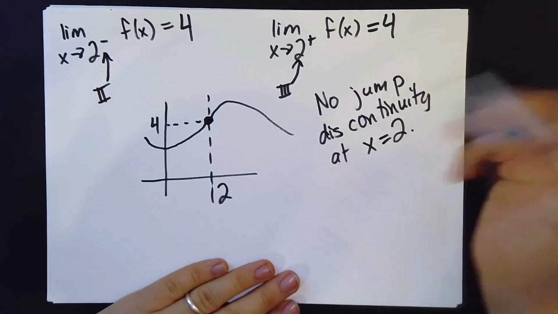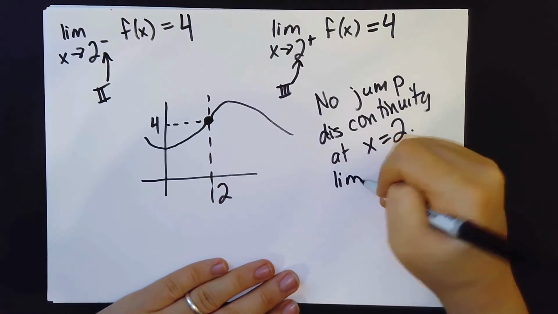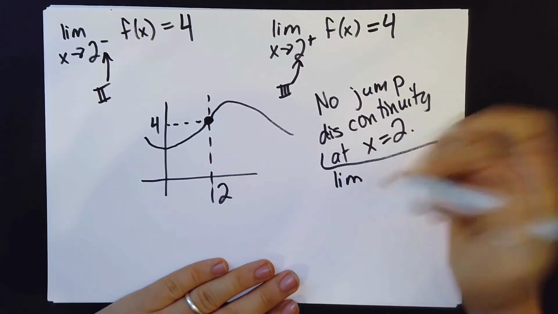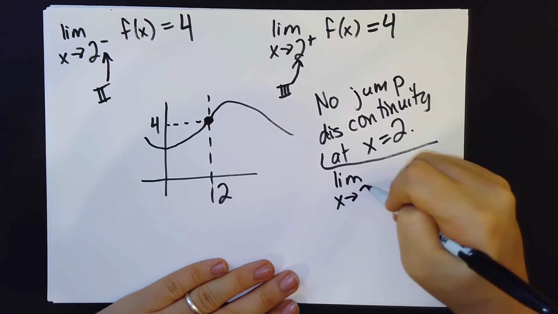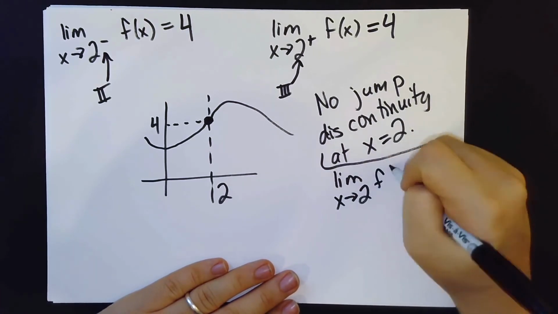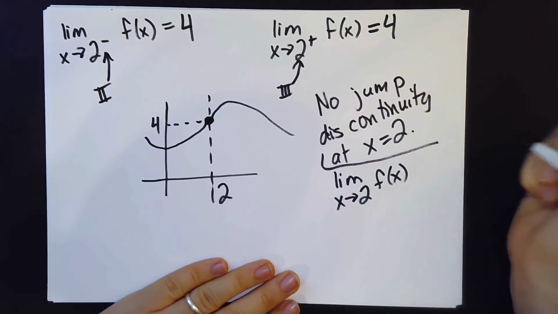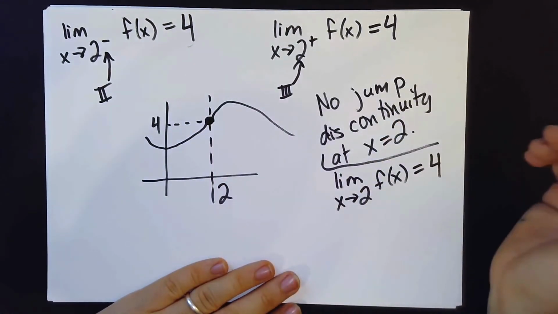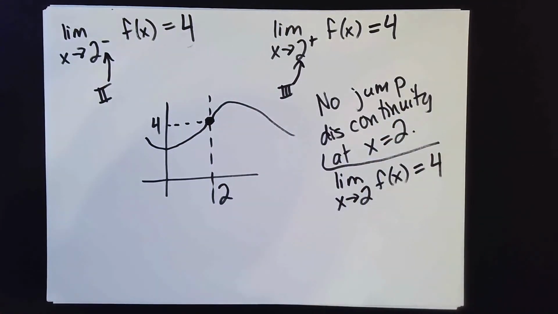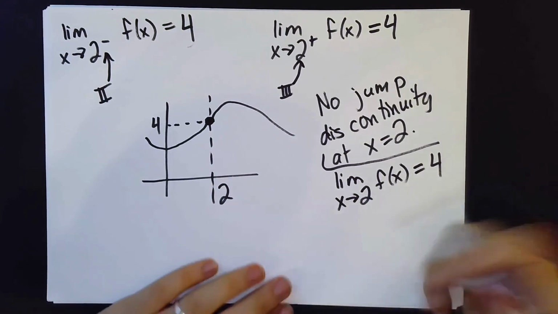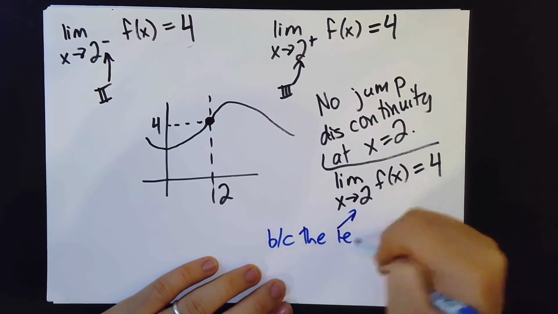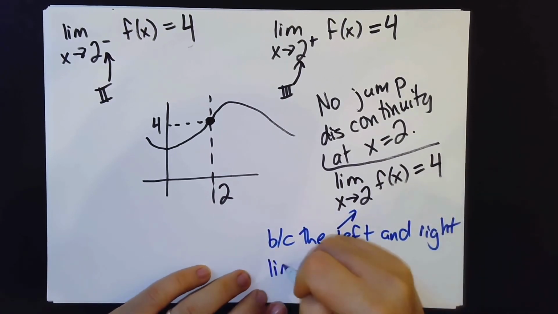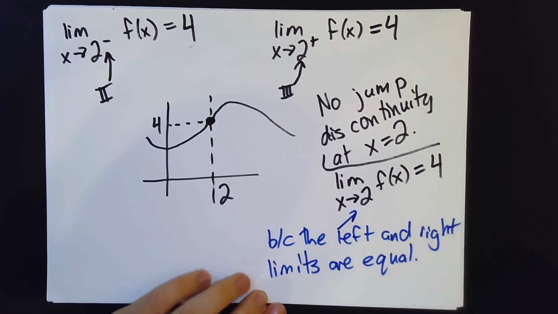In particular, what does this also mean? This also means that if I take the limit as x goes to 2 of f of x, it does actually work. Namely, it is 4, because the left and the right-hand side both are 4. And so this is because the left and right limits are equal.